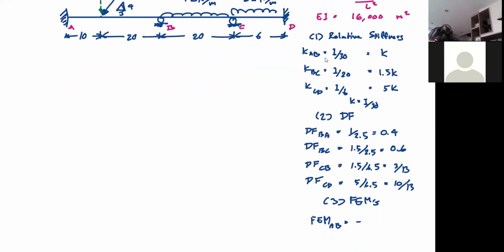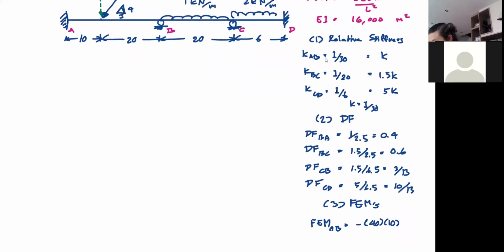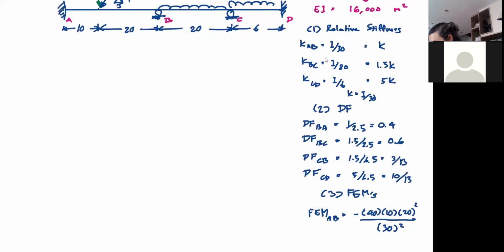That's going to be minus 40 times 10 times 20 squared over 30 squared. That is 1600 over 9 kilonewton meter.